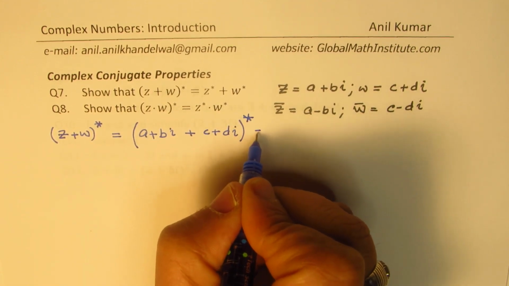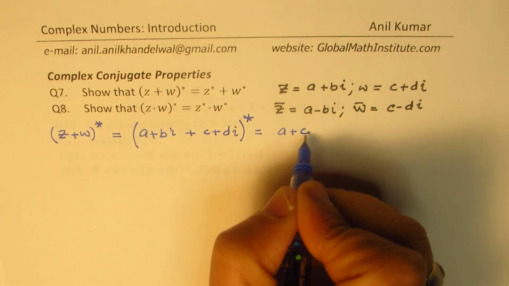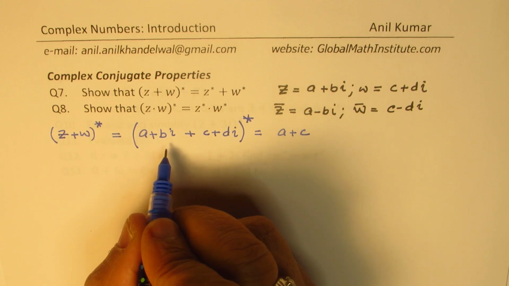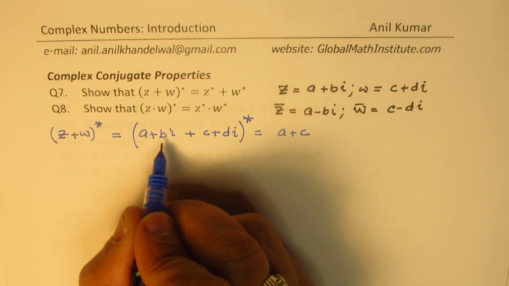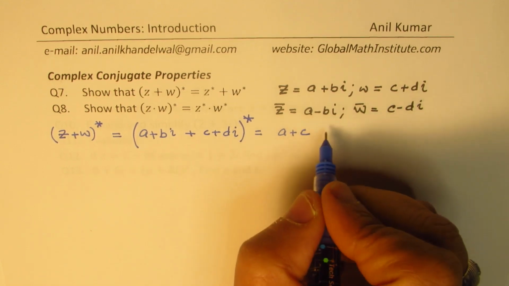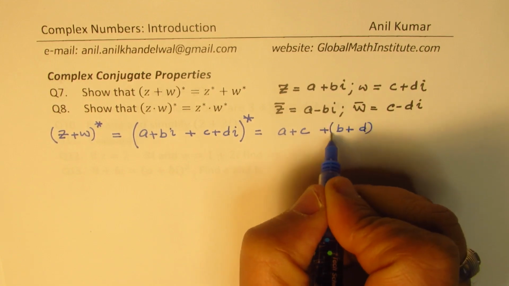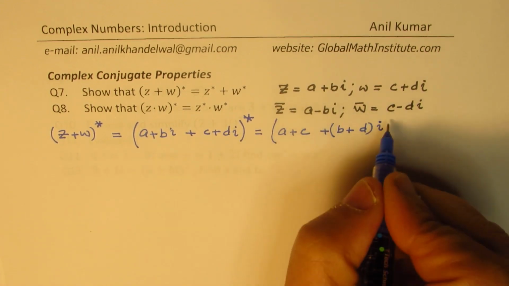Now we can combine the real parts, which is a plus c, and the imaginary parts, which is b plus d times i. Right. And we have to find the conjugate of this.